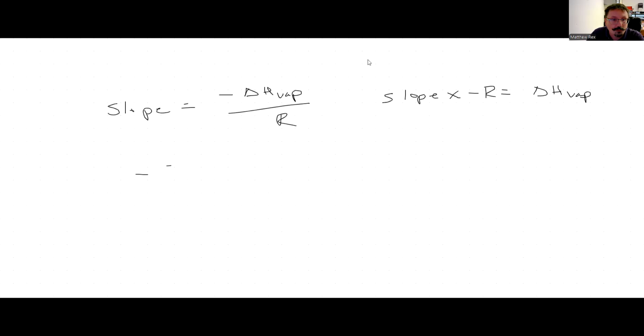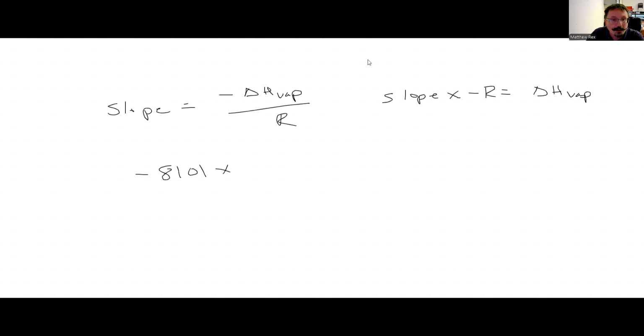The slope for a Clausius-Clapeyron plot is equal to negative HVAP over R. So if we take our slope, multiply it by negative R, we're going to get our enthalpy of vaporization. So in this case, our slope is negative 8,101.